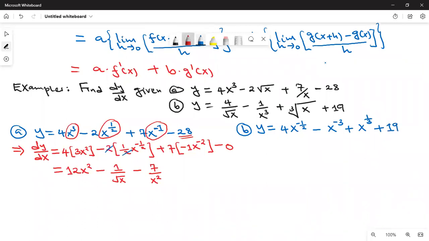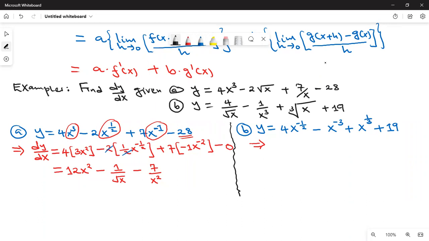So now when you differentiate this, this implies that, let me separate this because this is a new problem. So we partition that page into two.